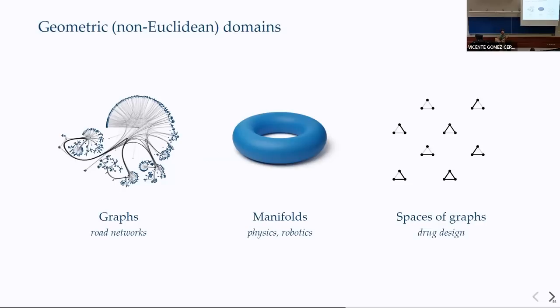For example, as Alex mentioned, graphs are used to encode molecules, and you might think of functions representing some property of a molecule. So these are examples of geometric settings. This class of geometric Gaussian processes will be a model for mapping inputs from one of these to just the reals.